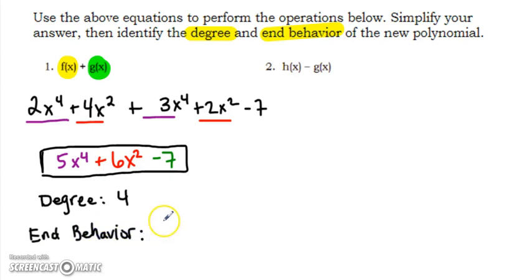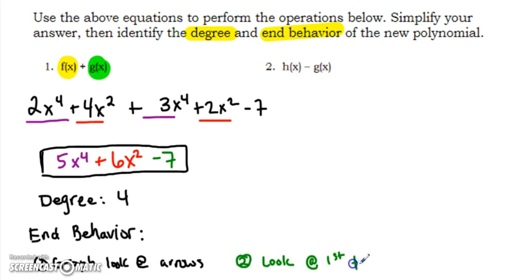Okay, so here's a couple of options. Option 1, if you want to figure out the end behavior, you could graph this function using your calculator and look at where the arrows point. That's one option. Option 2, you could look at the first term and determine the answer based on those two pieces of information.